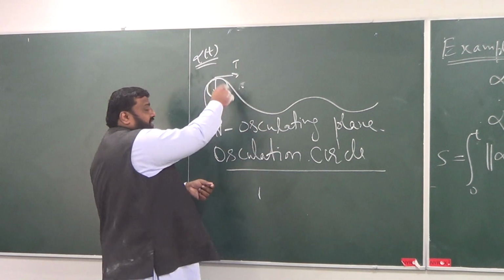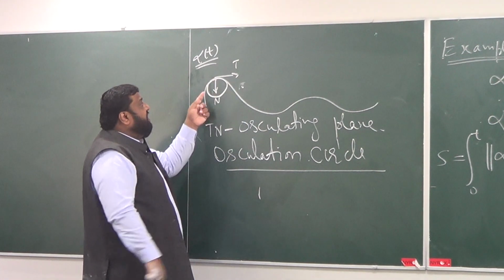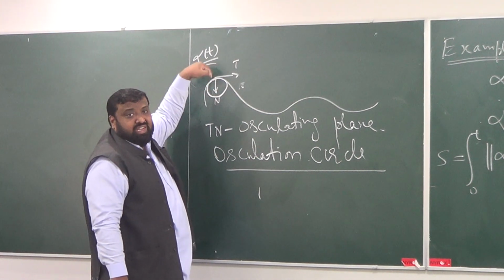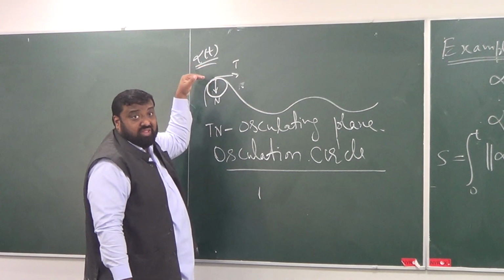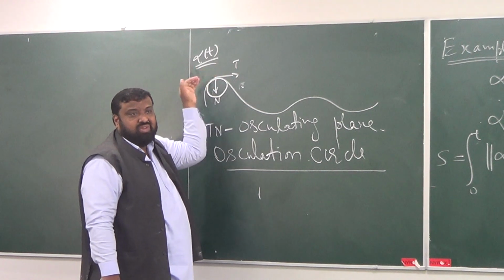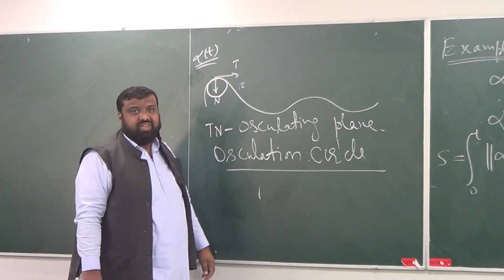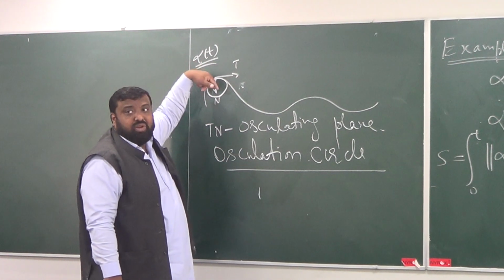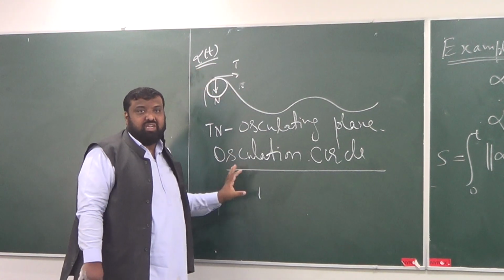The curvature is the reciprocal of that radius. That's called the osculating circle.